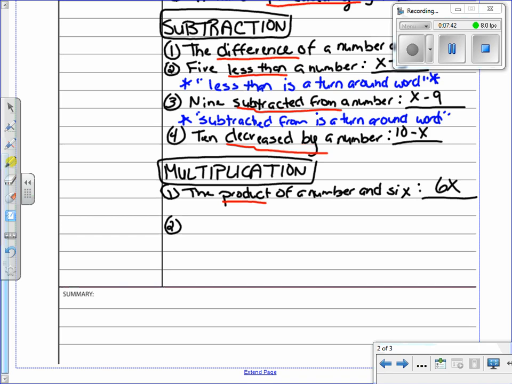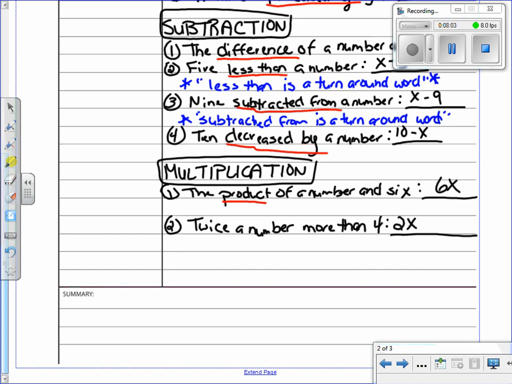Example 2, twice a number more than 4. Twice a number translates to 2x.